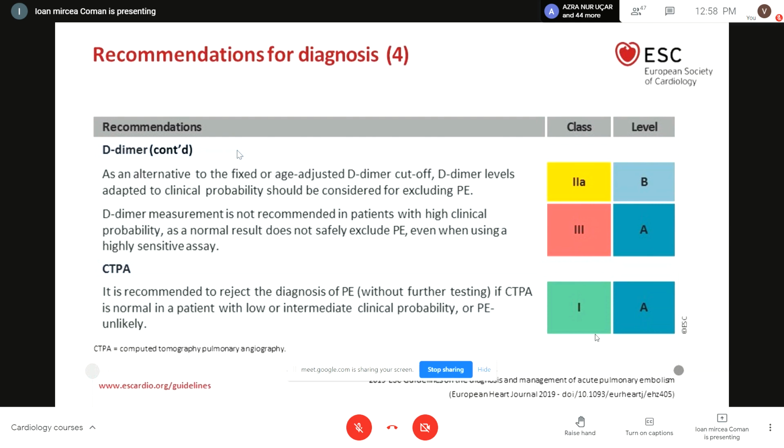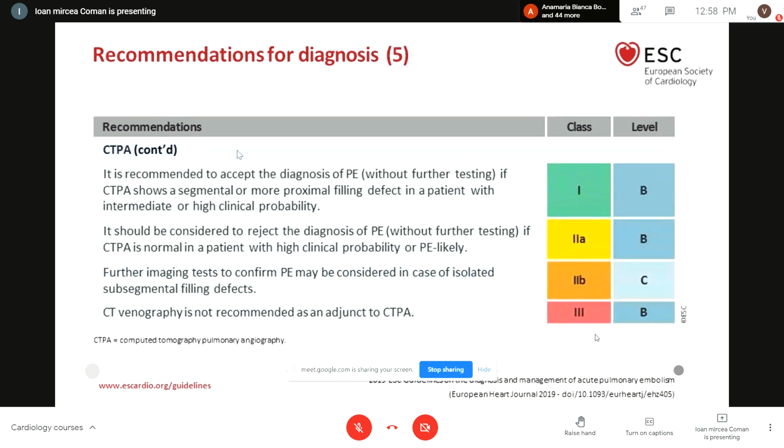If you have a normal CT in people with low and intermediate clinical probability, you can exclude it, and then you should work on clarifying which are the alternative causes for the symptoms of your patient.